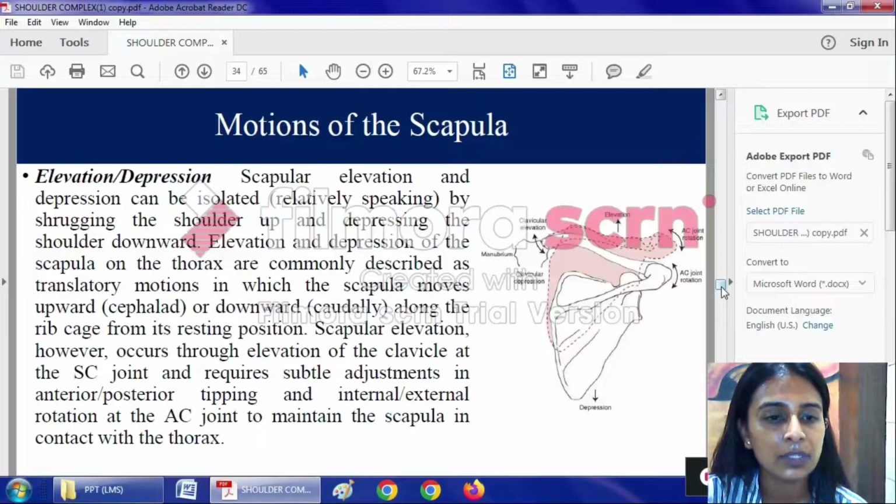Scapular elevation, however, occurs through elevation of the clavicle at the SC joint and requires subtle adjustments in anterior-posterior tipping and internal-external rotation at the AC joint to maintain the scapula in contact with the thorax.